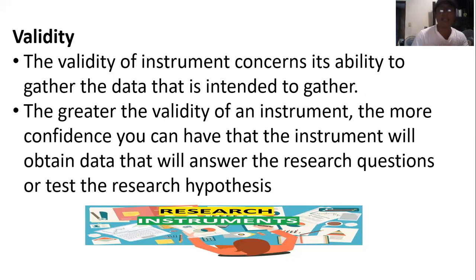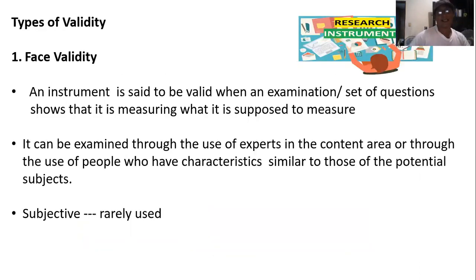The greater the validity of an instrument, the more confidence you can have that the instrument will obtain data that will answer the research questions or test the research hypothesis. So for you to answer the SOP and achieve the objective of your study, you need to come up with a valid instrument. Okay?